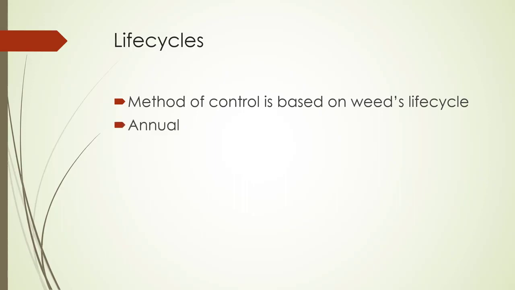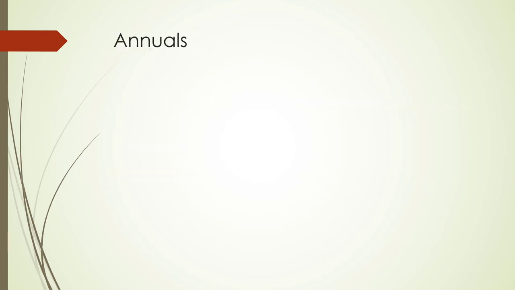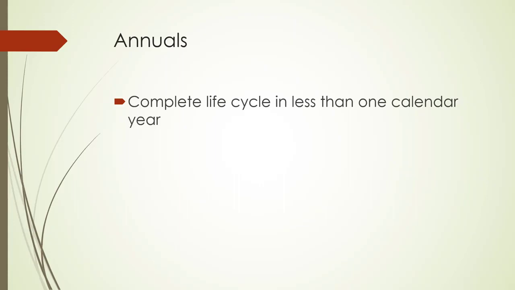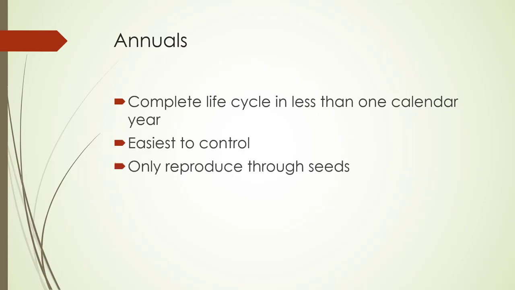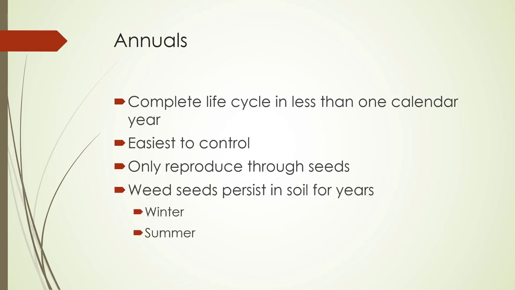So you have annual weeds, you have biennial weeds, you have perennial weeds. Annuals complete their life cycle in less than one calendar year. It's really one growing season. This is the easiest to control because they only reproduce through seeds. Weed seeds persist in soil for years, and there are winter annuals and summer annuals.